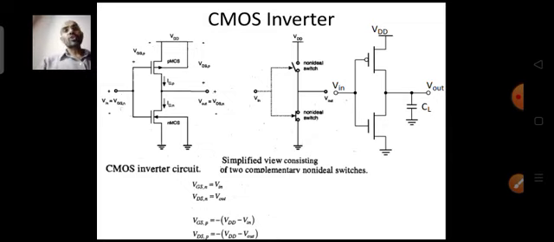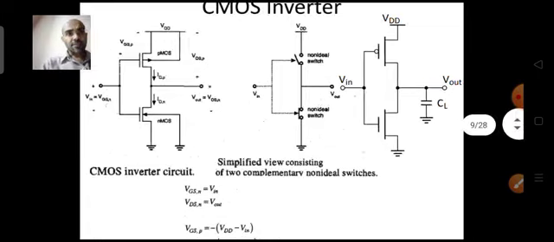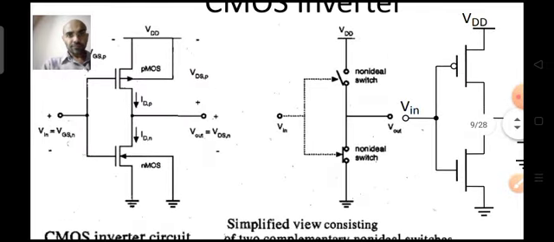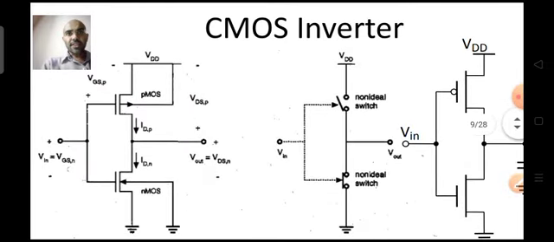Now let's move on to the inverter, and we'll try to calculate the various voltages for the CMOS inverter itself. Our CMOS inverter basically looks like this. Let me magnify the circuit first of all. On the left side, the circuit you can see is your CMOS inverter.